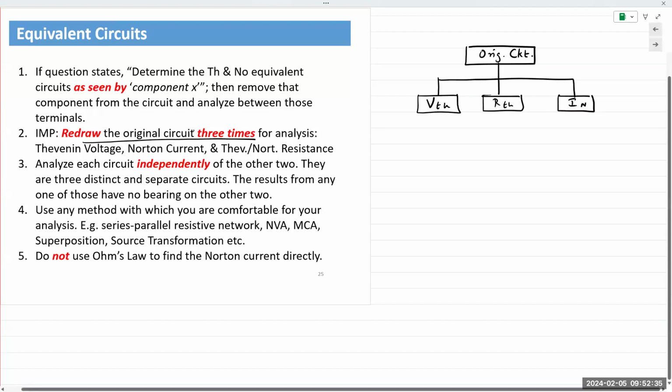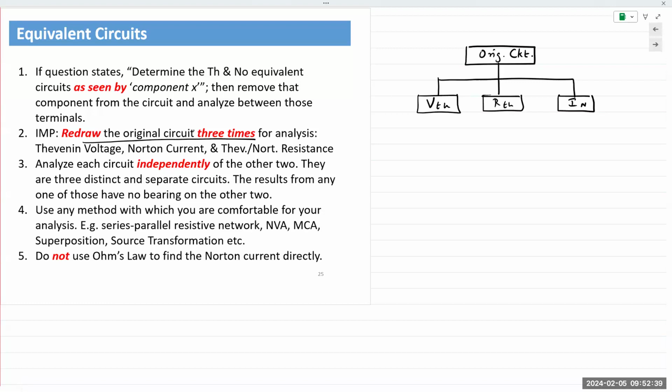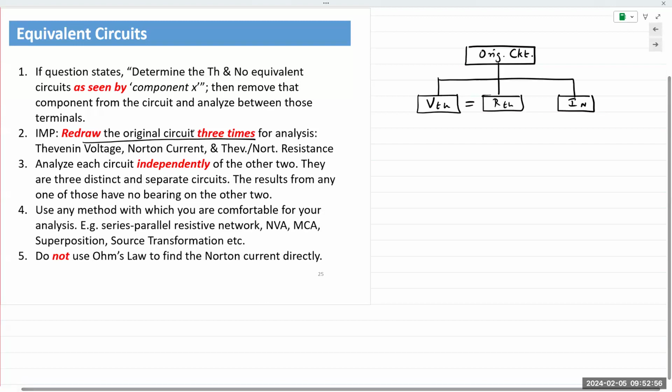Now we know the relationship between the 3 is given by Ohm's law, but once you find the value of RTH, you forget about it and keep it on the side, because that value of RTH does not have any bearing on the circuit for Thevenin voltage or Norton current. There is no relationship other than this, which is implied after you find all the 3 values.